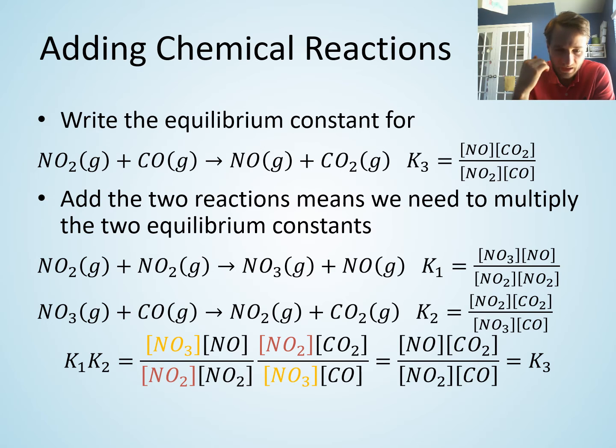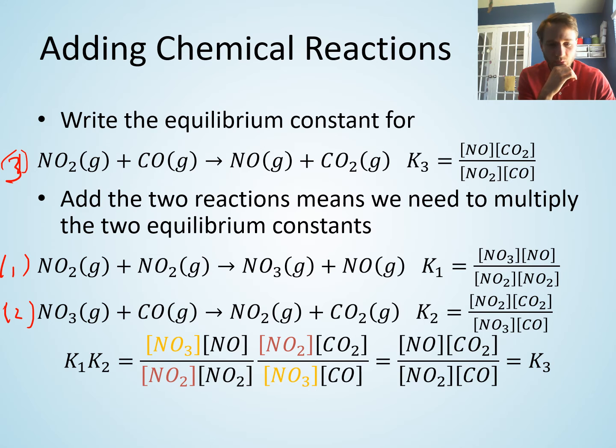To the right are written the equilibrium constants for those reactions. If I add the reactions here, let me label these. Actually, we'll call that reaction 3. This is reaction 2, reaction 1.